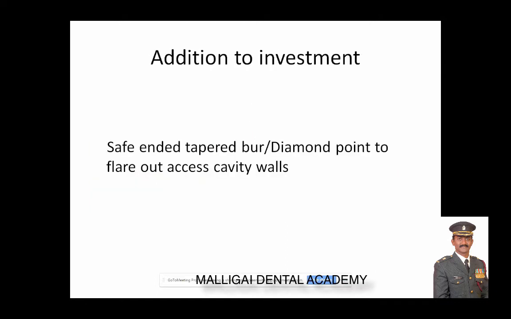So what is the addition to investment or addition to an armamentarium that I need to make? Simply said, just one word. The safe-ended tapered diamond point or the safe-ended tapered burr to flare out access cavity walls. A small investment which will give you big rewards in the long run.